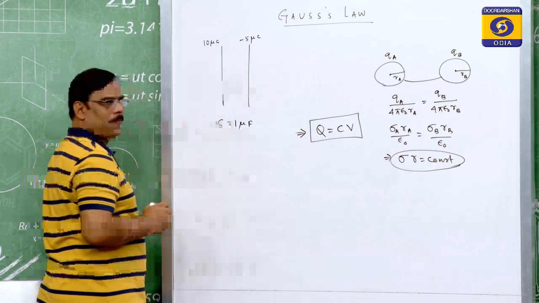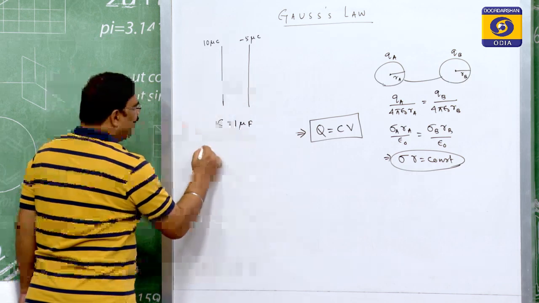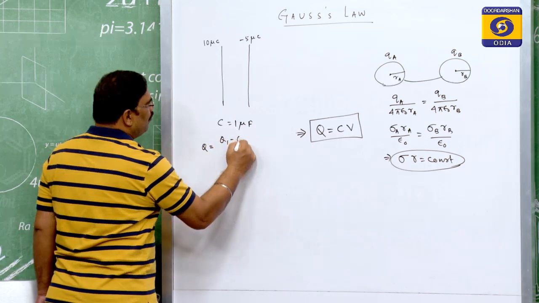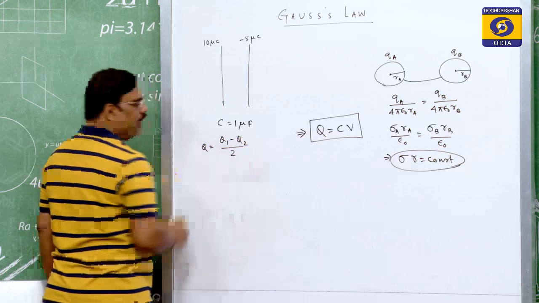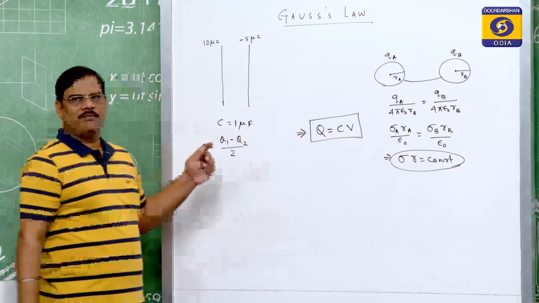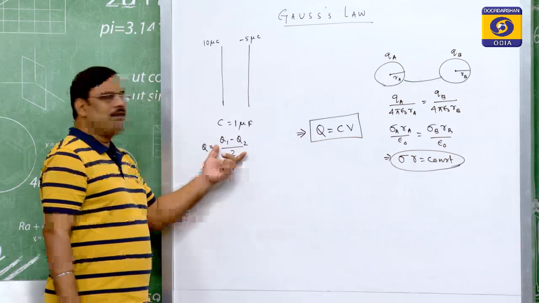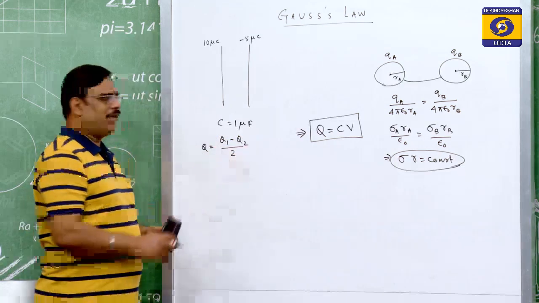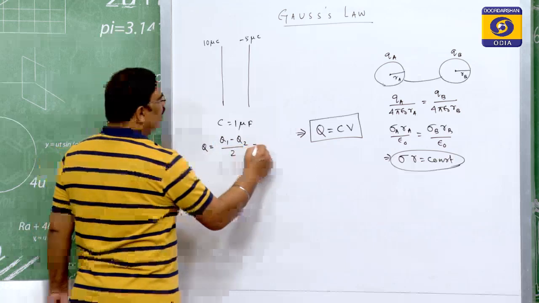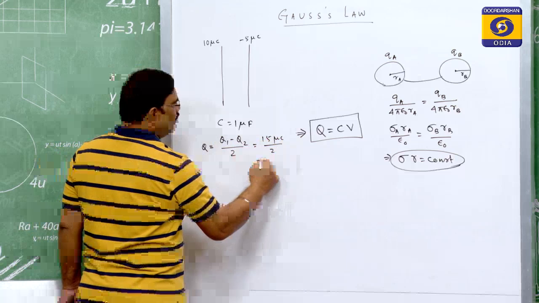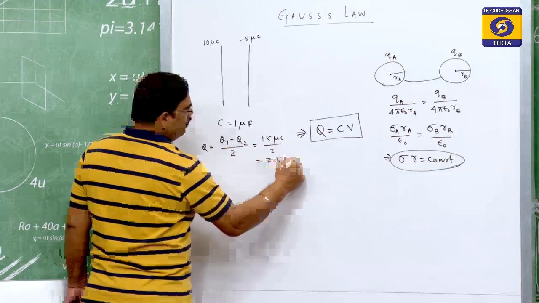What is the charge on the capacitor Q? It is Q1 minus Q2 divided by 2. If you remember my first problem of this class, this will give you 15 microcoulomb divided by 2, which is 7.5 microcoulomb.